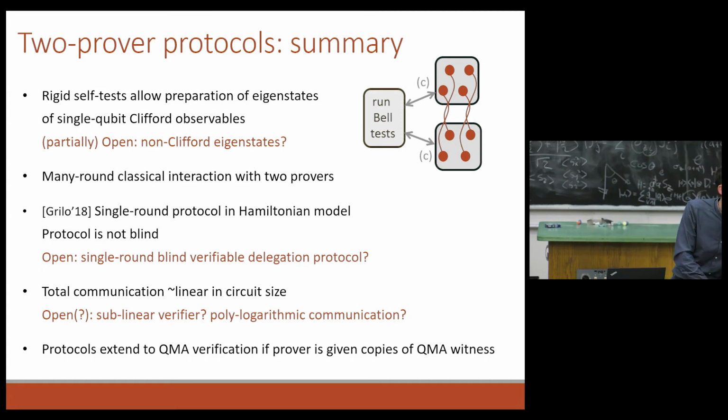About the linear communication context, I suppose this protocol achieves both blindness and verification. But if you just want one of them, can you do better? Do you know how to do better? No. The question is, can I answer the before-last question if I only ask about blindness or verifiability? I think not. Verifiability definitely not, and blindness, I don't think so. Okay, let's move on.